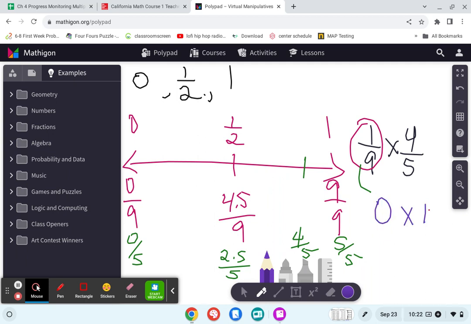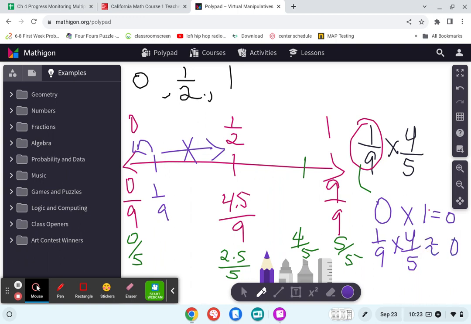I hope you understand why. If this is 0/9, 1/9 is going to be this close, right? And I'm going to round down. It's not close enough to 1/2. It's definitely not close enough to a whole. So my problem would end up being 0 times 1, which is 0. That's my estimate. So 1/9 times 4/5 is an estimate of 0.